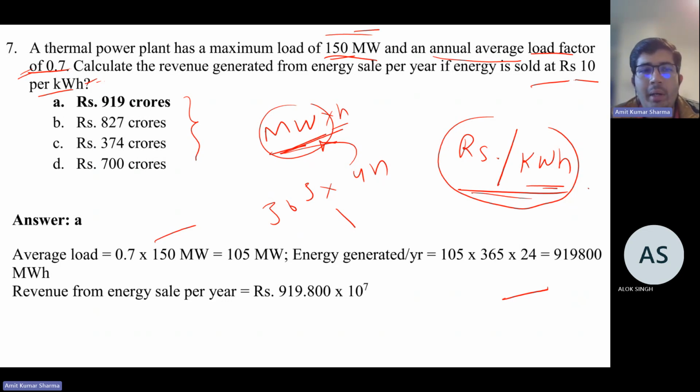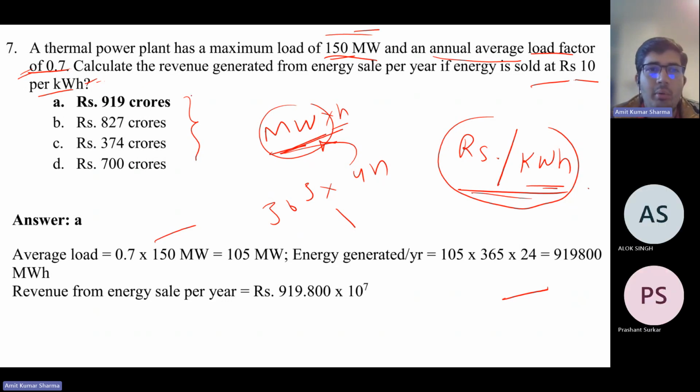So on average the demand load is 0.7. So whenever we have to find out the cost per year, we have to take the average load factor. So multiply this factor with the total capacity, the maximum load. So you will get 105 megawatt. It's only load in megawatt, it's not in hours or anything. Now you have to find out the energy generated per year.